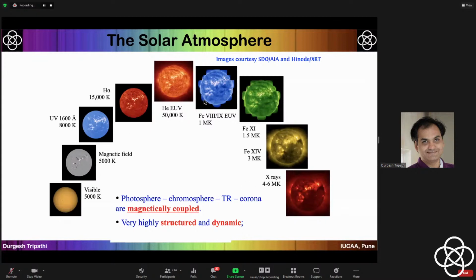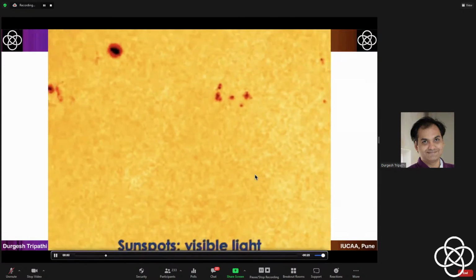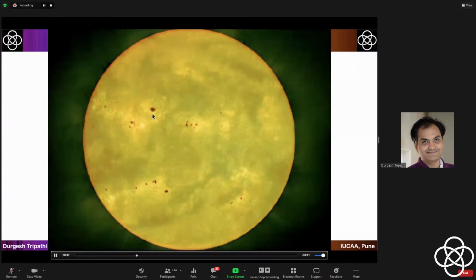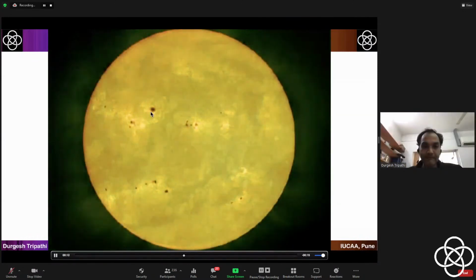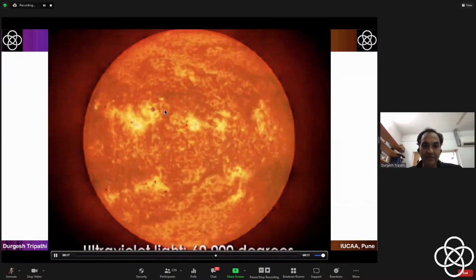So this is just a single snapshot. If I put it together here, this is an animation put together by taking different observations. So you see sunspots, which show magnetic field, of course, and that's why they are dark. And then you also see flashing different upper layers of the atmosphere.